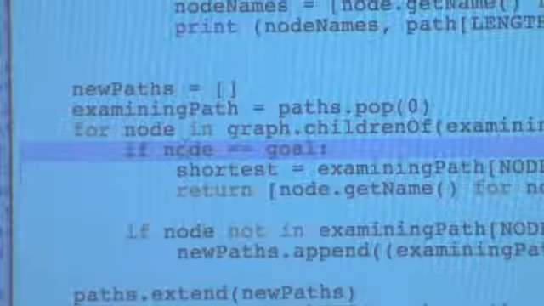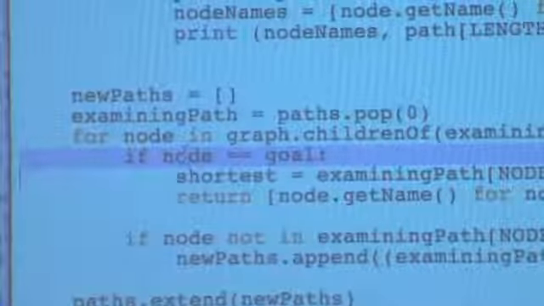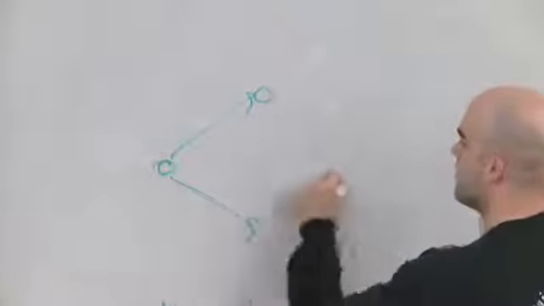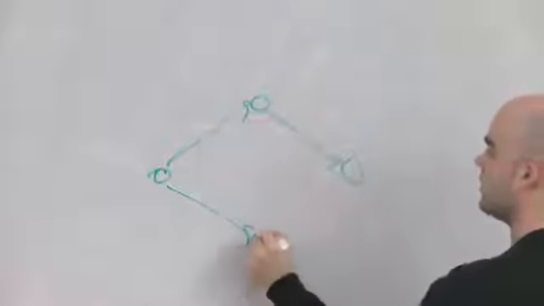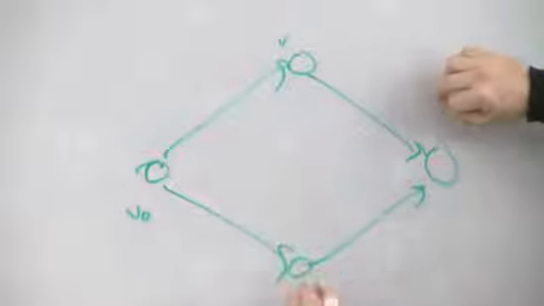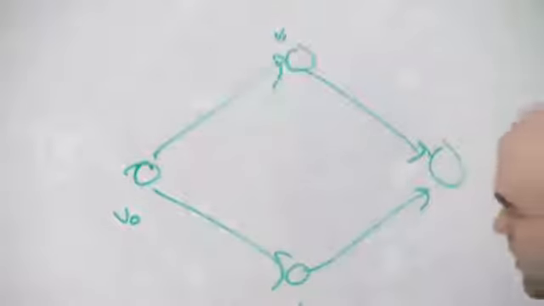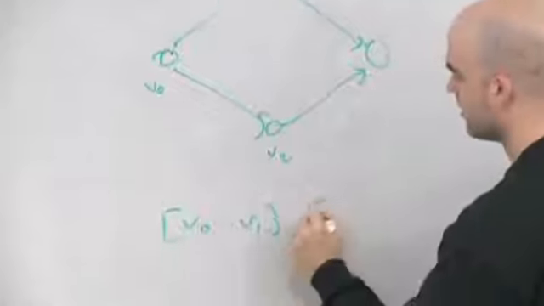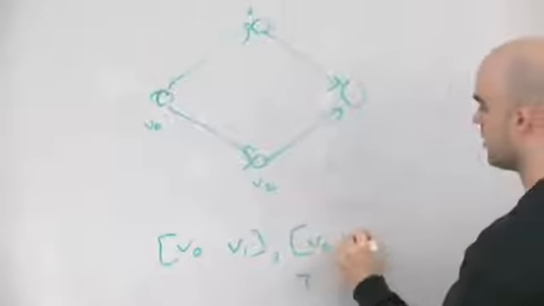So you're asking, if I have, let's do something really simple. At some point you're going to have a list of partial paths that consists of V0, V1, and then V0 and V2.